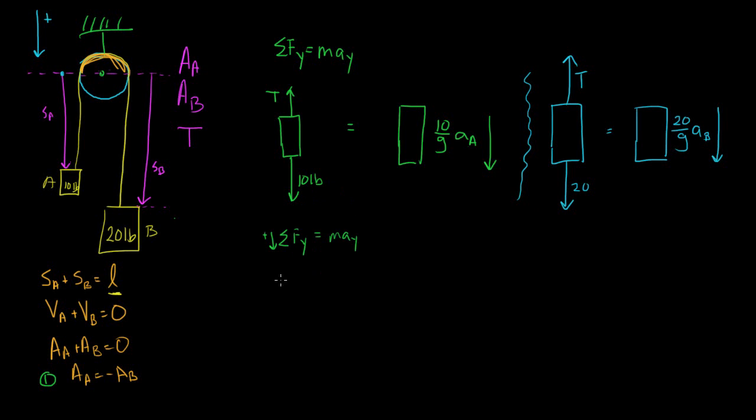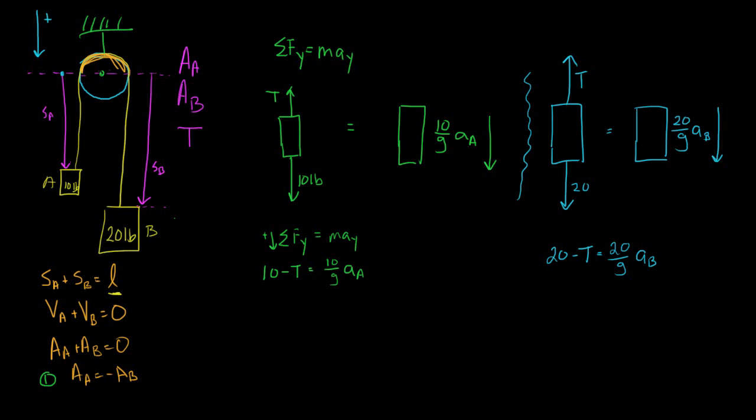And from the first free body diagram we get 10 minus T is equal to 10 over g times the acceleration of A. And with this free body diagram, we get 20 minus T is equal to 20 divided by g times the acceleration of B.